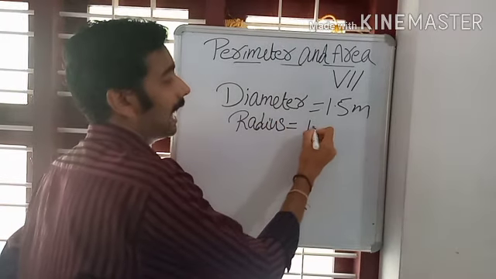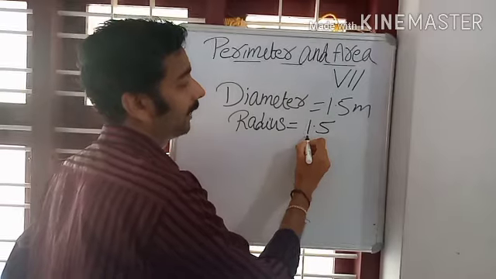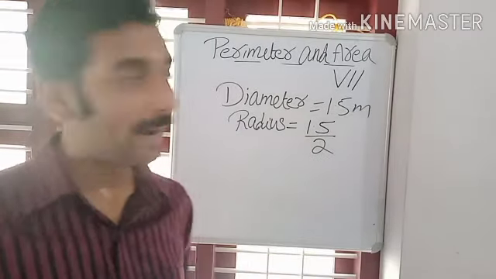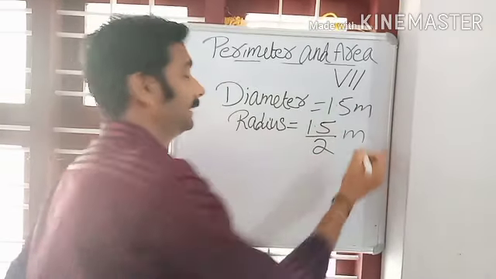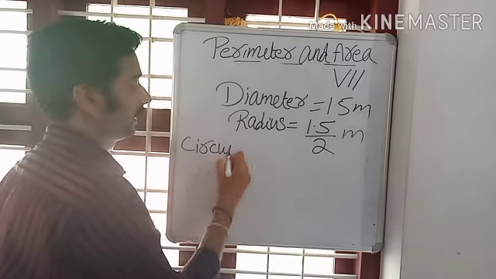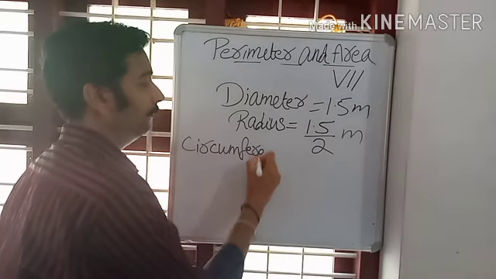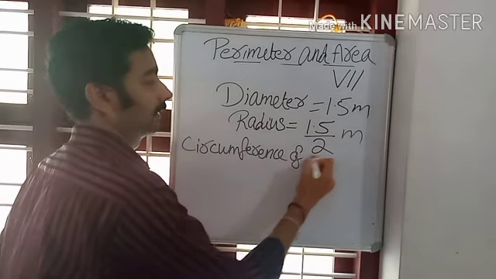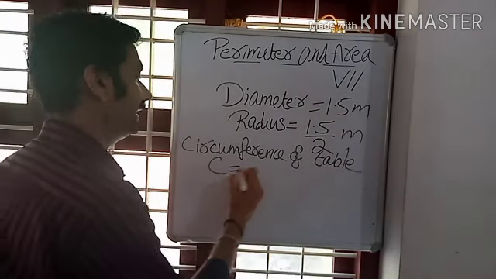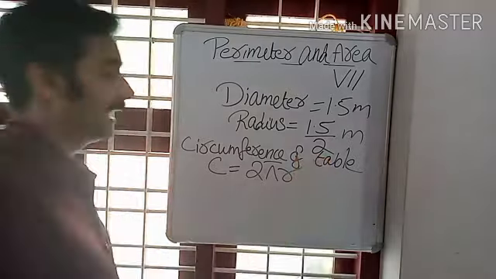Then radius r is 1.5 by 2. Then the circumference of the table: C equals 2 pi r.